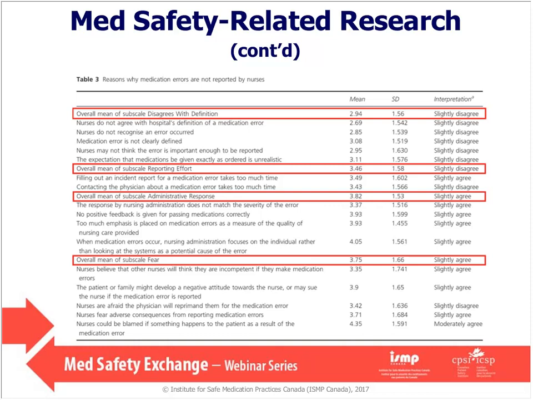But there still appears to be a sense of concern amongst care providers about the risk of being blamed for medication safety events, and still a perception that clinical care providers and organizational management may not share the same ideas or values or measurements of safety when it comes to looking after patients.